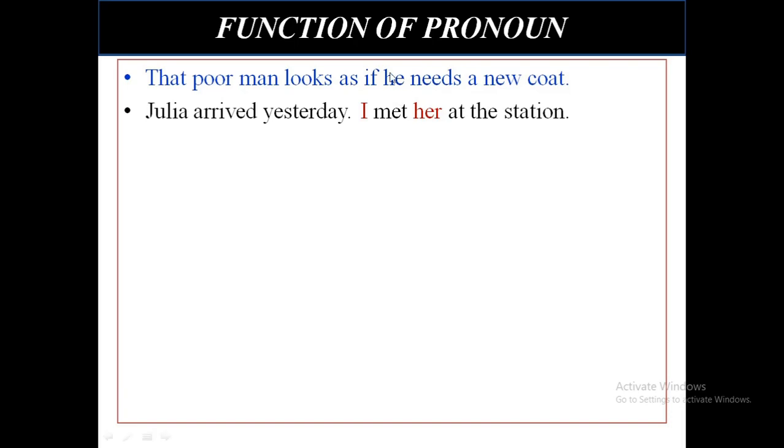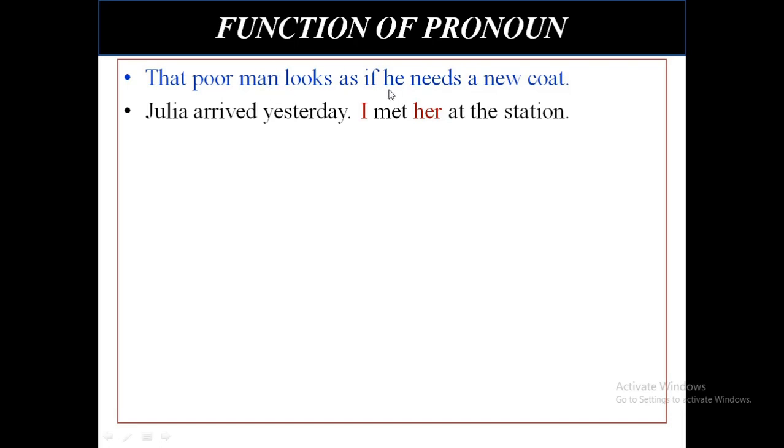So how did the words he and her construct their meaning? They have constructed their meaning based on the noun to which they refer. In the first sentence, he referred to a man.